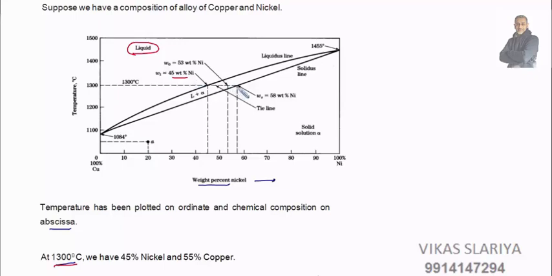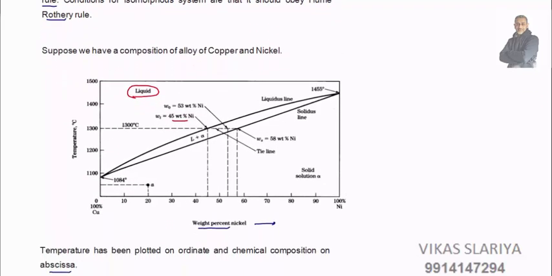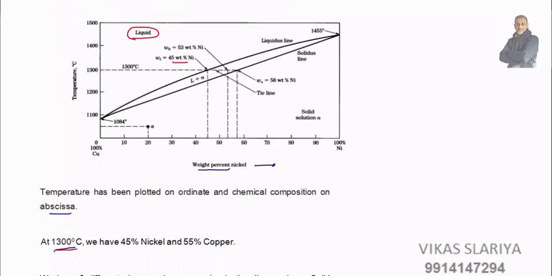On the other hand, if I go to the right side, we have a combination which has changed: nickel is now 58% and copper is a lesser amount because copper is decreasing. This side we have a solidus line. Below this line we have all solids. Above the liquidus line we have all liquids. The whole solution will be liquid above the liquidus line, and below the solidus line it will be solid.